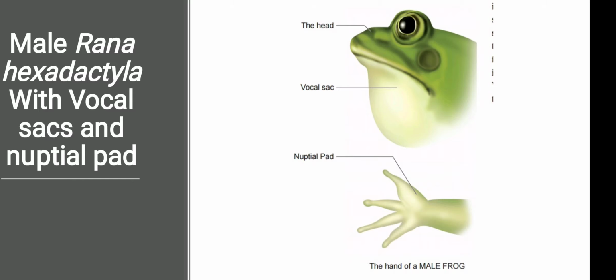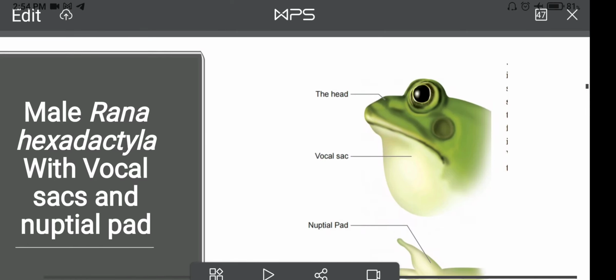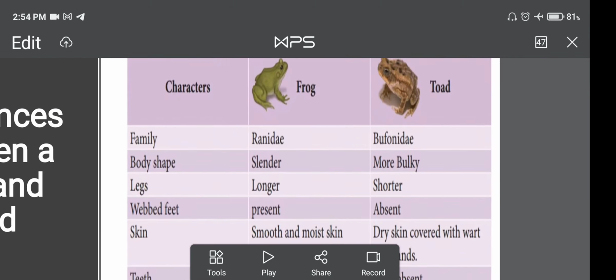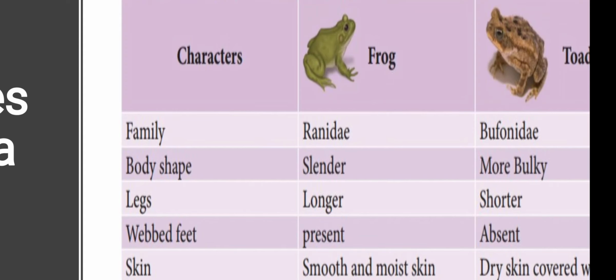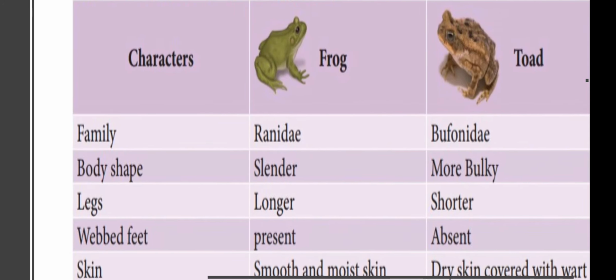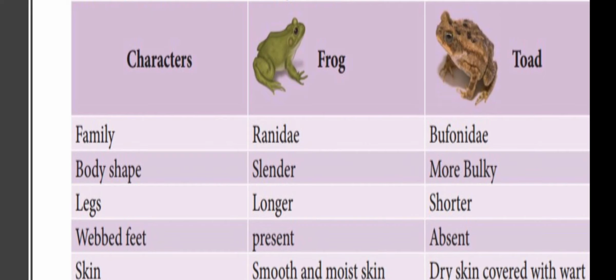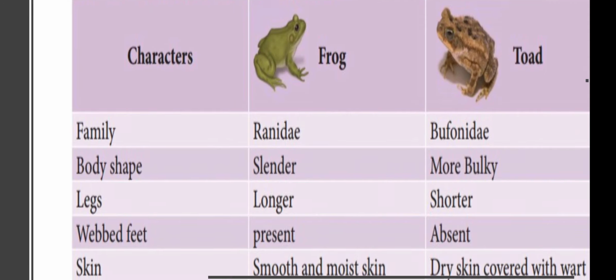Then the difference between the frog and toad. See here, family: the frog belongs to the family Ranidae and the toad belongs to the family Bufonidae. Body shape: frog is slender, toad is more bulky. Legs are longer in frog, in toad they are shorter. Webbed feet are present in frog, in toad they are absent.